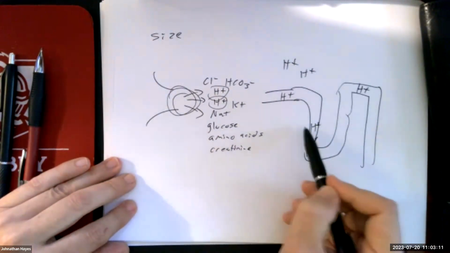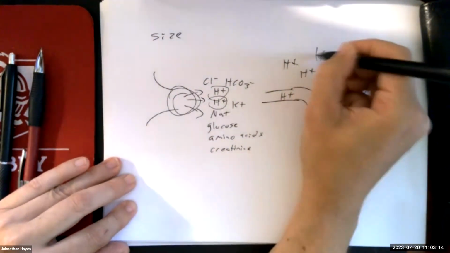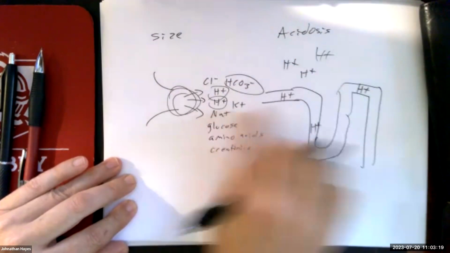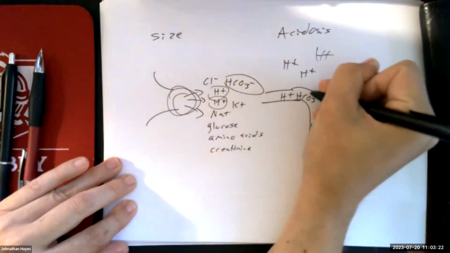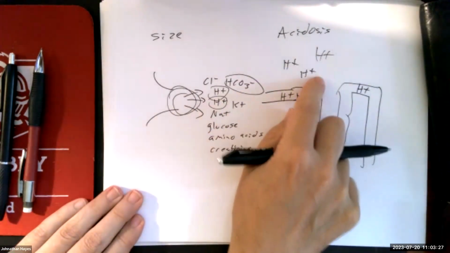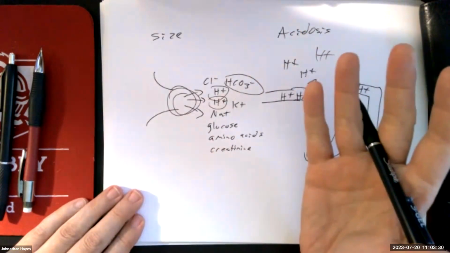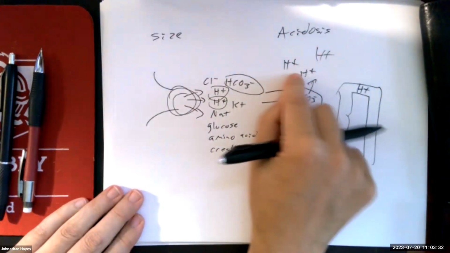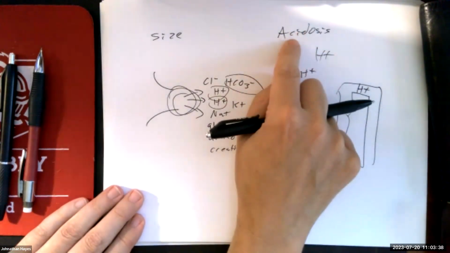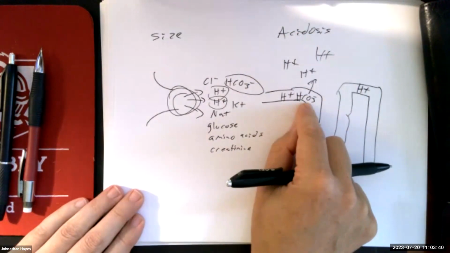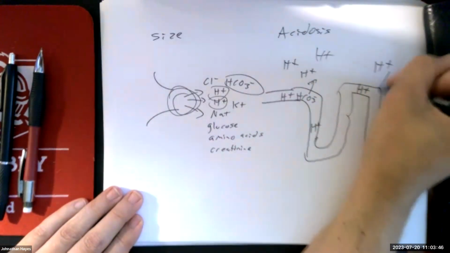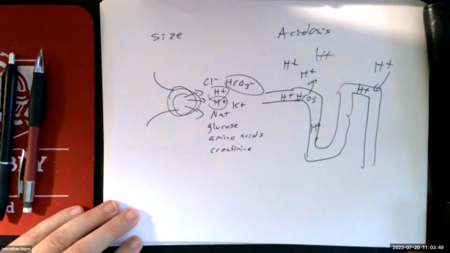And one thing that might help me buffer this solution, which is already too high in acid because my body is in a state of acidosis, is when I filter these things out and kick them into the tubular system, let's reabsorb them as quickly as possible, because these I can keep, and it's going to make my acidity levels less, because they can essentially buffer this solution or reattach to those hydrogen ions. So during a state of acidosis, kidneys will reabsorb bicarbonate at a high level, and they're going to keep hydrogen ions in the tubular system, and they can actually add more hydrogen to the tubular system.